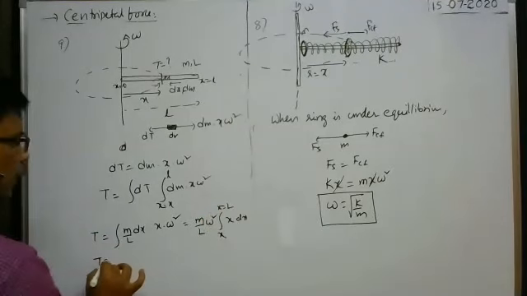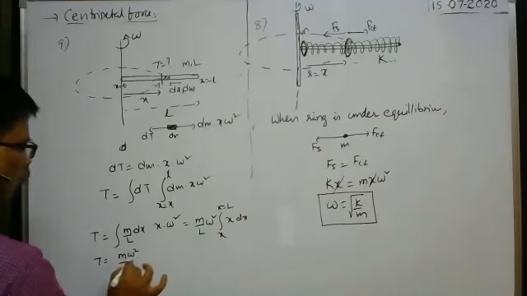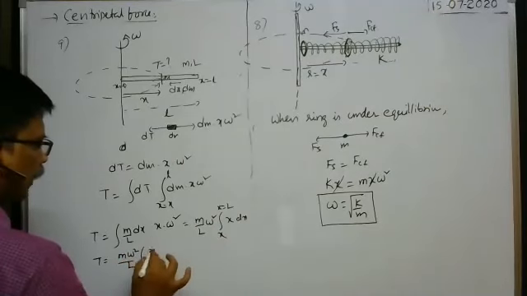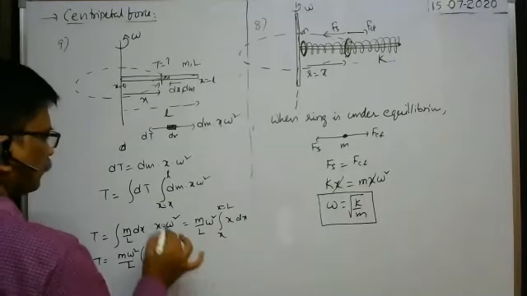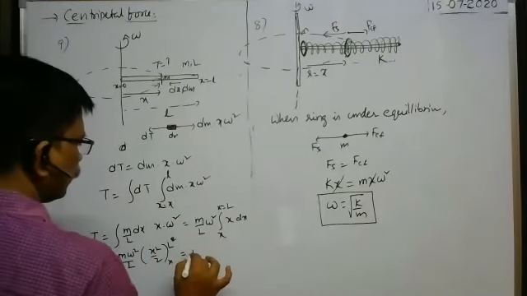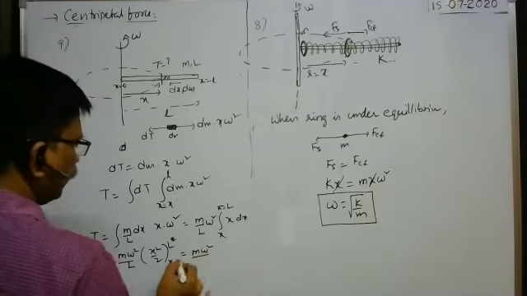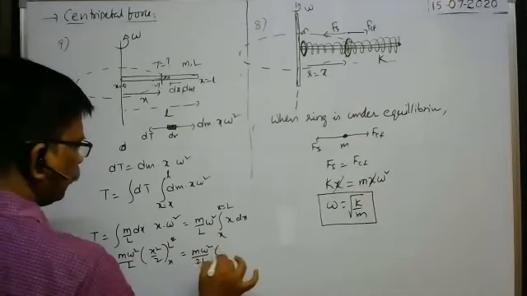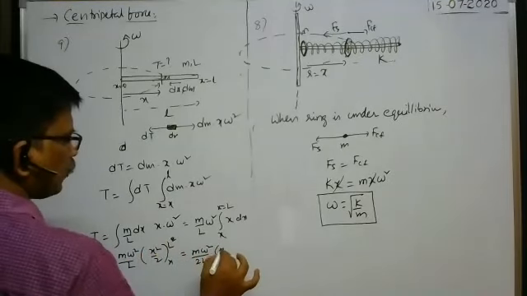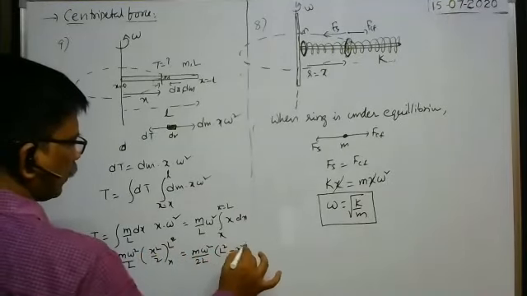So therefore T is equal to m omega square by L into, when you do the integration you will get x square by 2, no? Limits x to L. Substitute the limits. M omega square by, the 2 also you write outside here, 2L into, first the upper limit, instead of x you substitute L square minus x square.